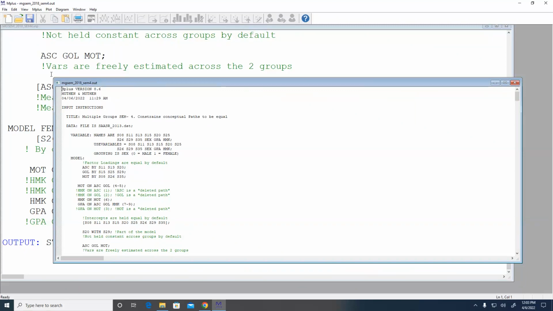It's not just whether motivation is equal across the two groups, but for boys and girls who are equal on academic self-concept and goal evaluation.